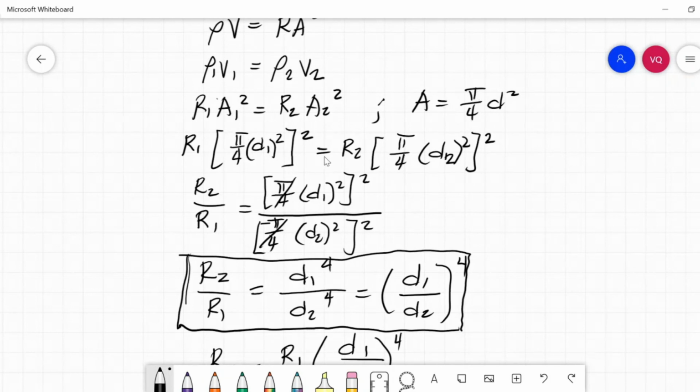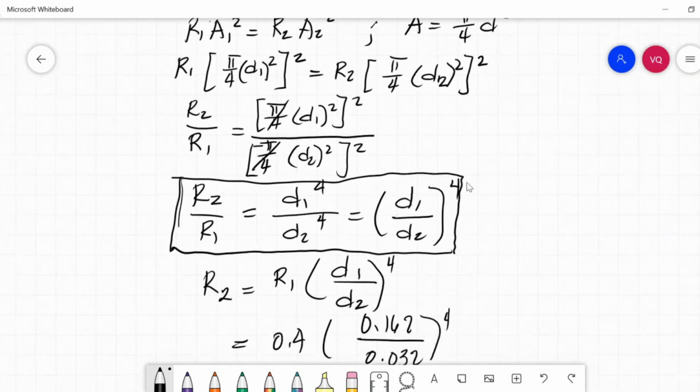So it becomes R2 over R1 equal to pi over 4 D1 squared, bracket squared, divided by pi over 4 D2 squared, squared. So cancel the pi over 4 and pi over 4. Squared times squared is raised to 4. Same at the denominator. So R2 over R1 is equal to D1 raised to 4 divided by D2 raised to 4, or the parenthesis of D1 over D2 raised to 4.